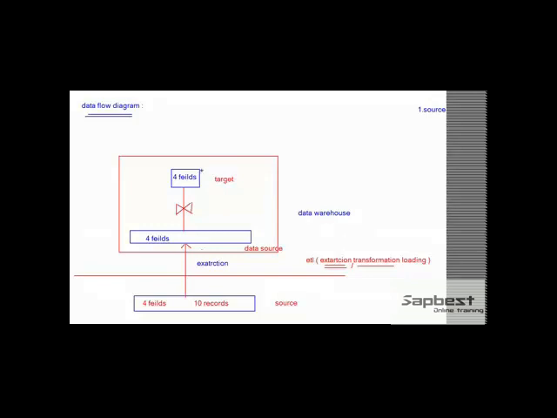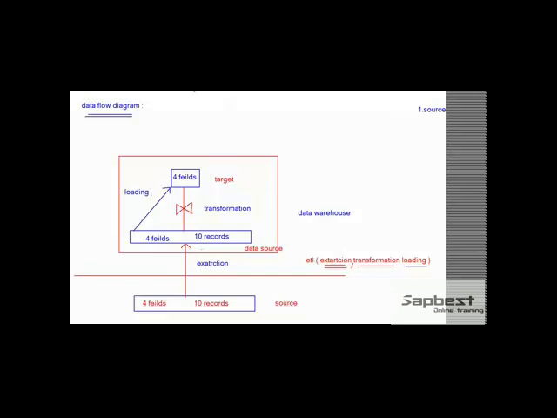It's called transformation. After the transformation, finally loading the data. Once extraction is completed, 10 records are available in the data source. After that, we load the data from the data source to the target. This process is called loading.